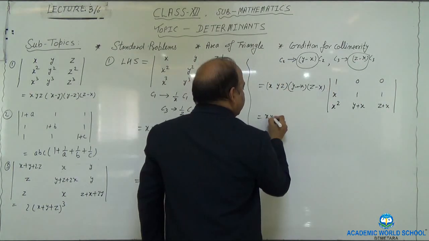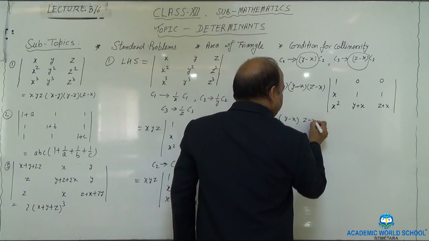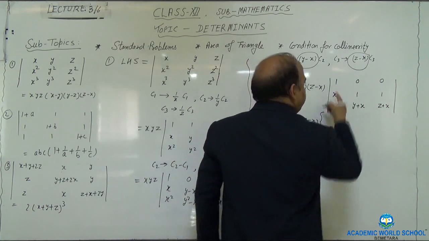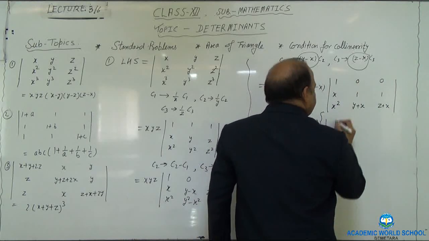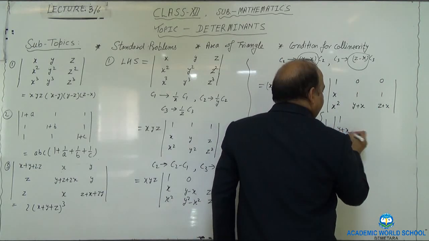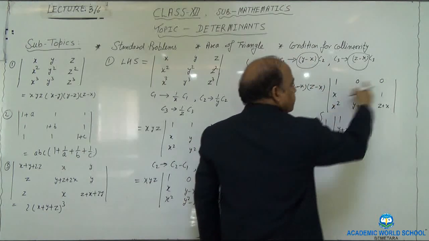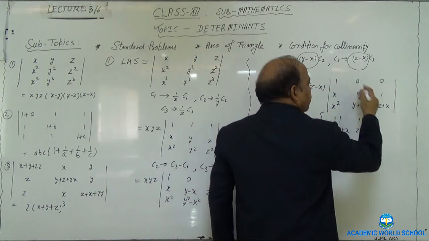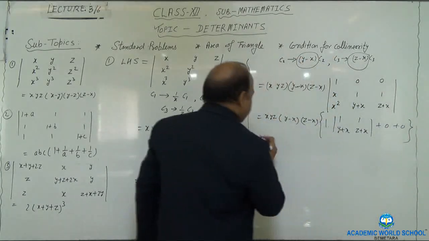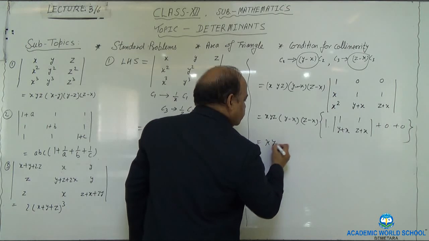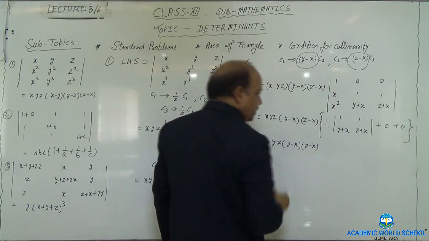It will give you x, y, z, y minus x, z minus x. And now if I expand this, 1 into this determinant, 1, y plus x, 1, z plus x. About this you are left with this determinant, and about these two it will give you plus 0. So nothing is left over there. x, y, z, y minus x, z minus x.